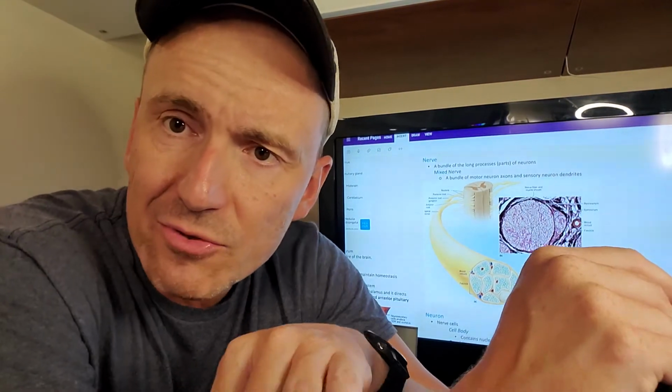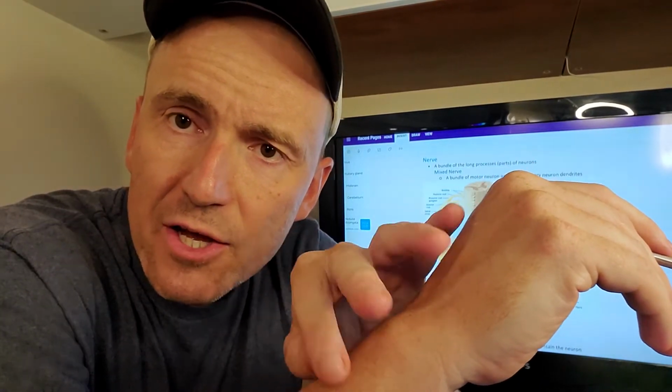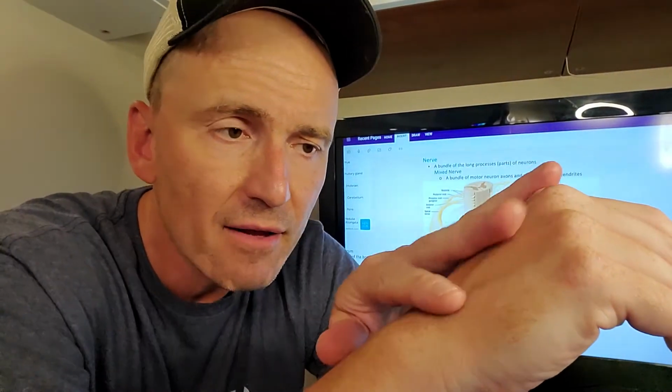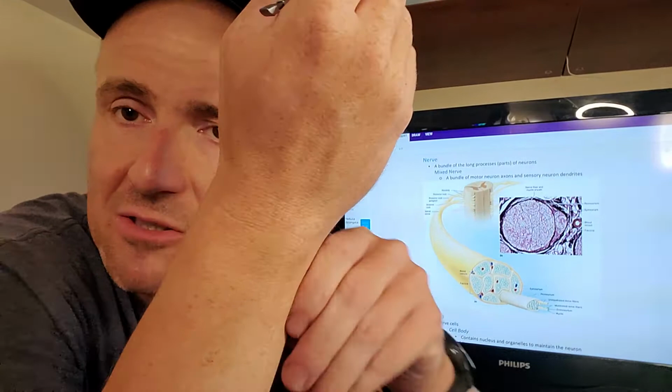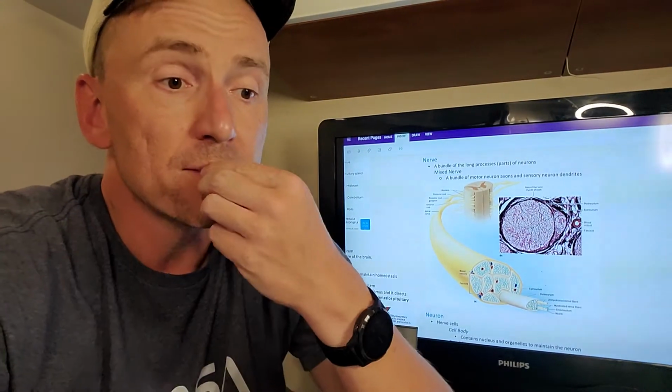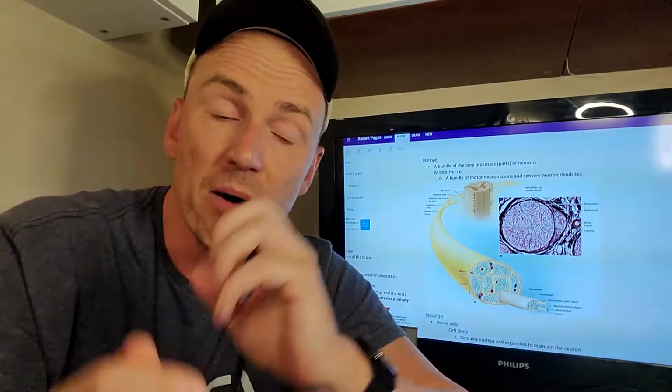And then the individual motor neurons and sensory neurons branch off and connect to groups of muscle fibers, groups of pain sensors, heat sensors, whatever. Each group of pain sensors, heat sensors, touch sensors will have a bunch of neurons connected to it, and each grouping of muscle fibers will have a bunch of motor neurons. And these go to relatively the same areas of the body, because they all follow along the nerve. So a nerve is just a bundle of neurons.